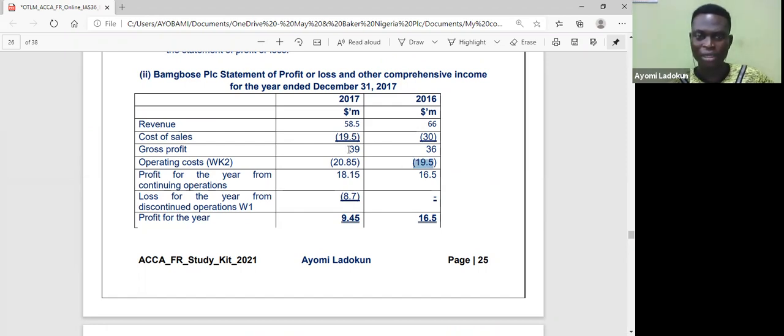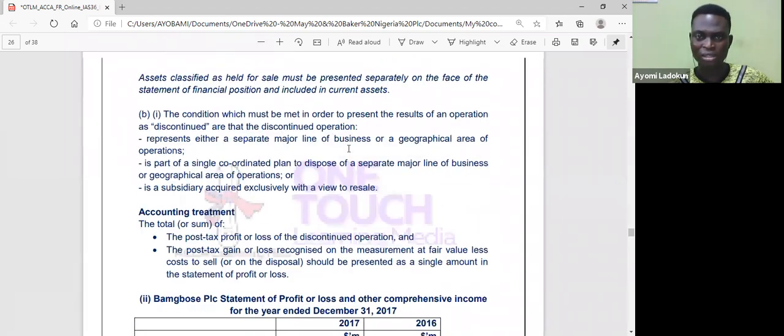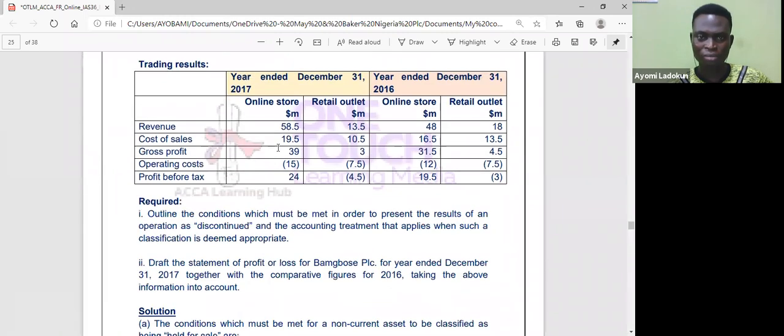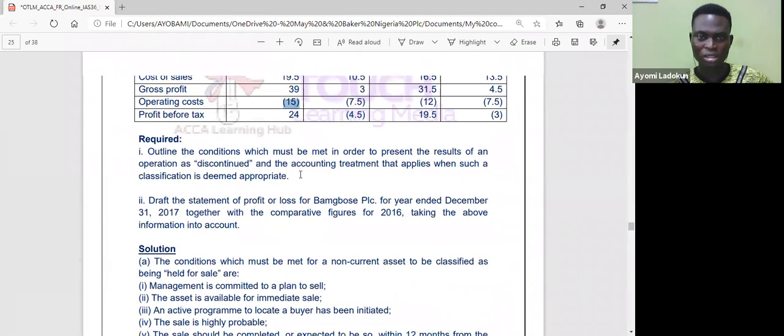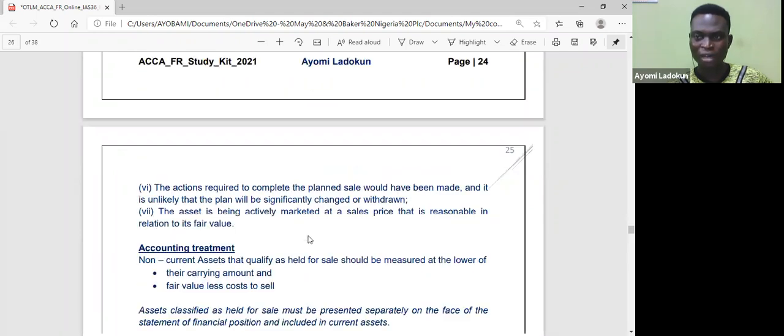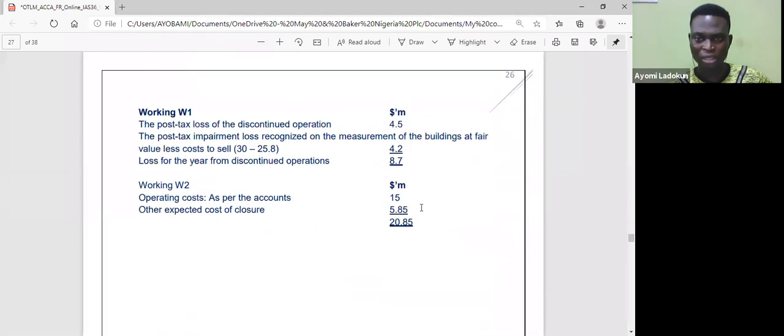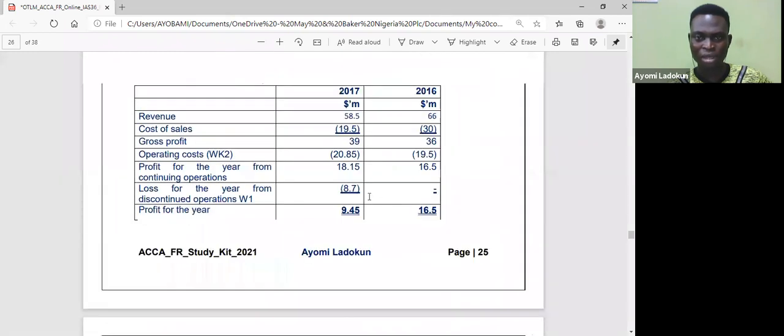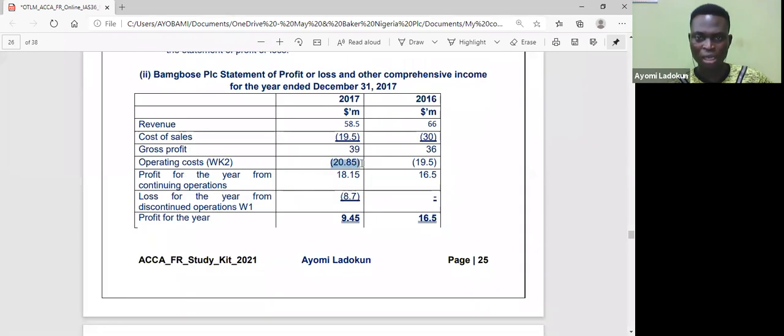Then for 2017, look at my operating cost here. I have 15. Then in the question, I was given other expected cost of closure, so I'm going to add it to that. That's 5.85. So that's what I did here. So 15, 5.85. That's how you have working notes 2 here.